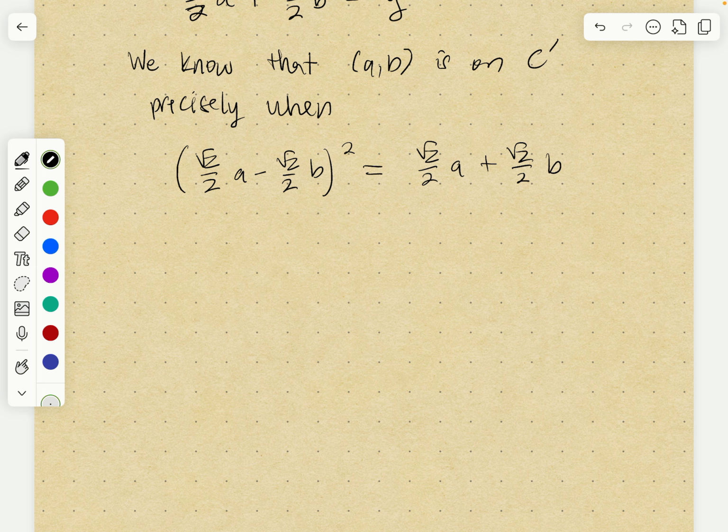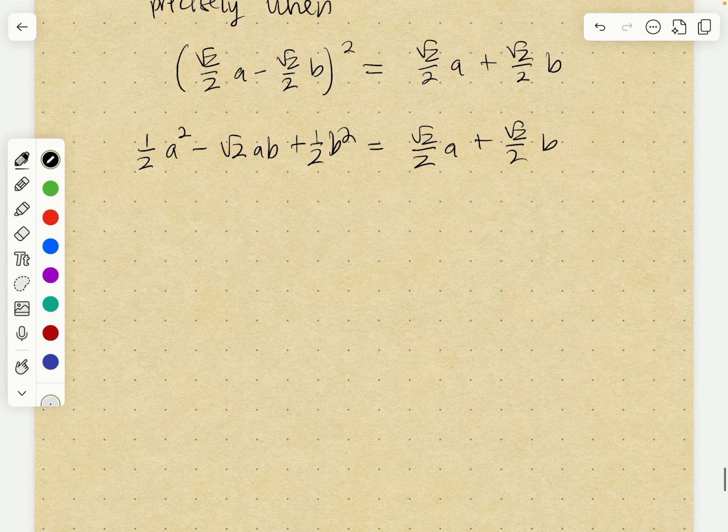Now let's simplify. So we distribute the left-hand side, and we're going to get 1/2 a squared minus root 2 ab plus 1/2 b squared equals, okay, the same thing on the right. And then we can just subtract both sides.